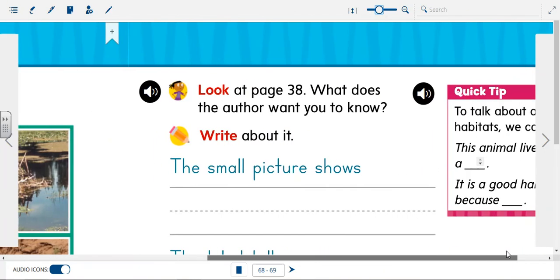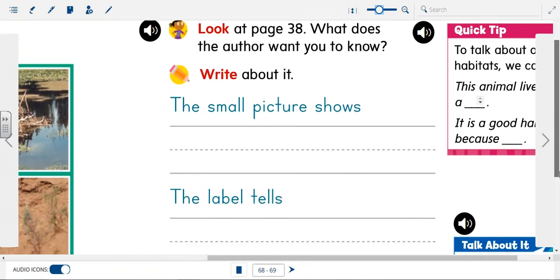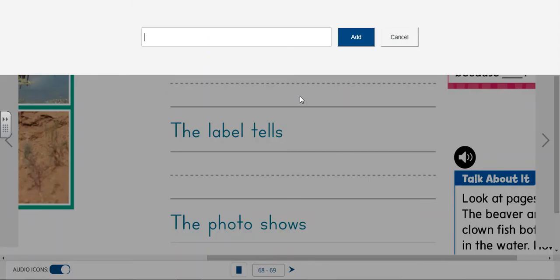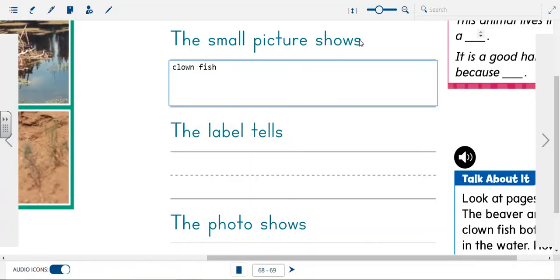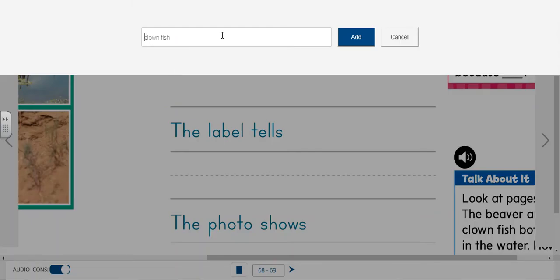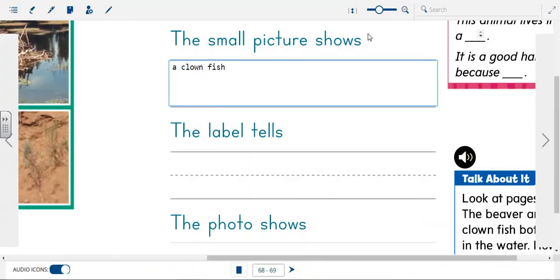So right here, it says the small picture shows, and I'm going to put in the word clownfish. You can do that too. I could change it to make it make more sense in a sentence and say a clownfish. So take a second to finish that up. The small picture shows a clownfish.